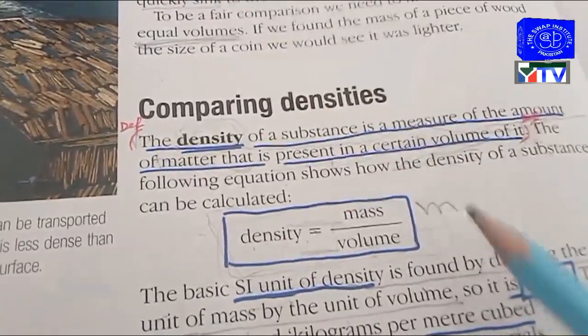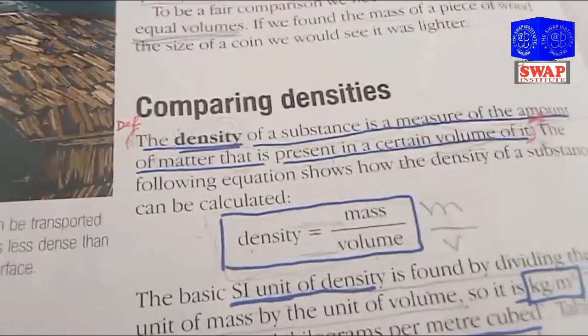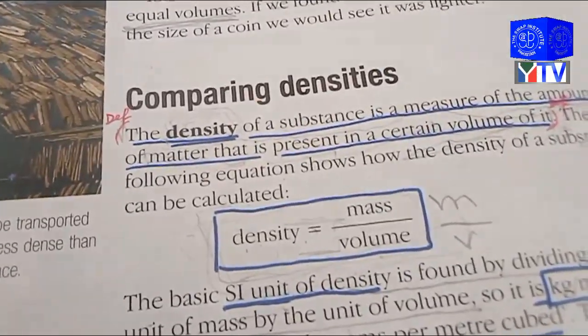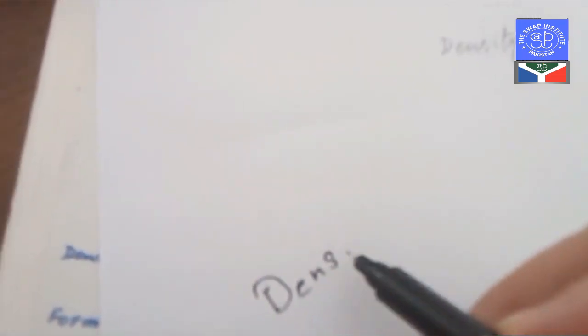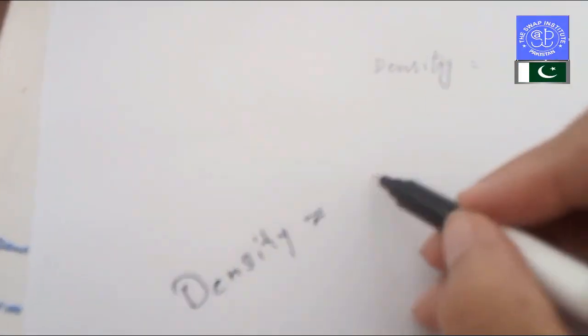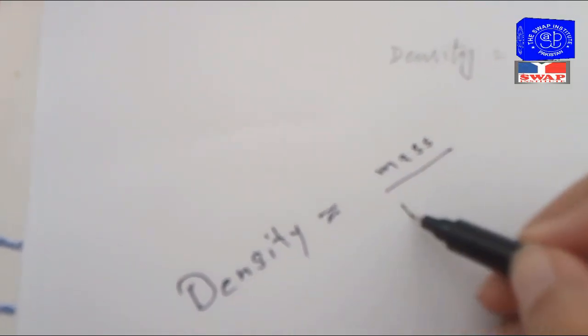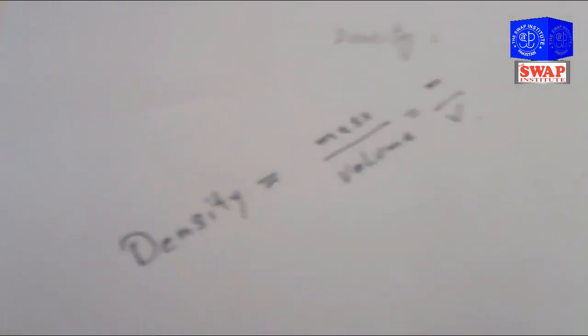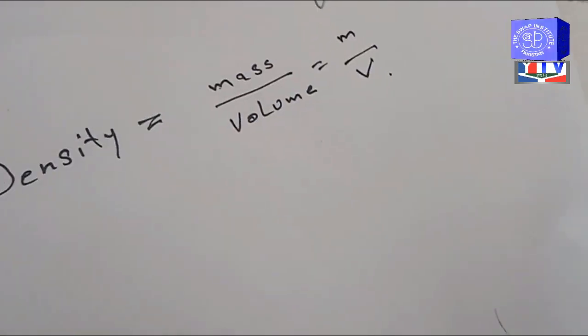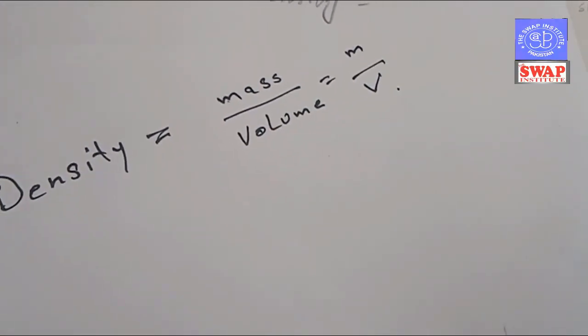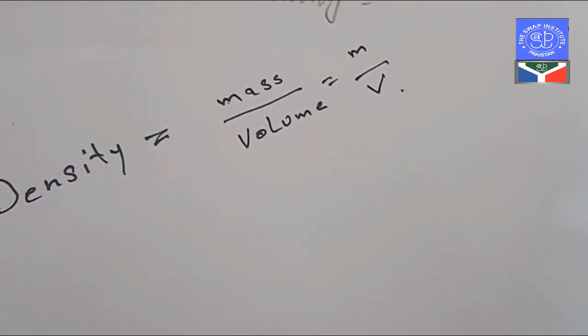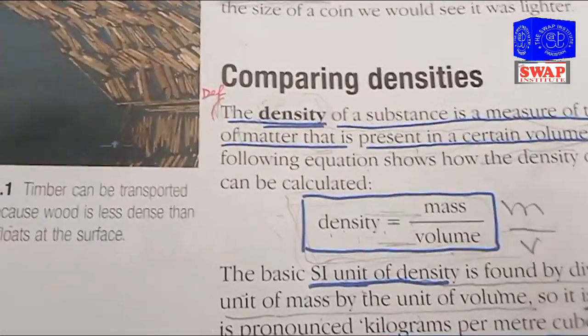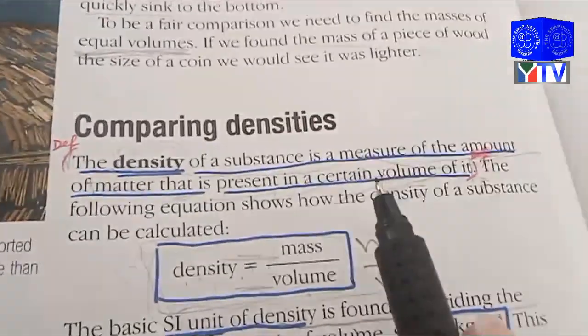Mass we always represent with M, and volume we always represent with V. So density is equal to M over V. That means we can find the density of any object by dividing its mass by the volume in which that amount of mass is present, because the density of a substance is a measure of the amount of matter that is present in a certain volume.